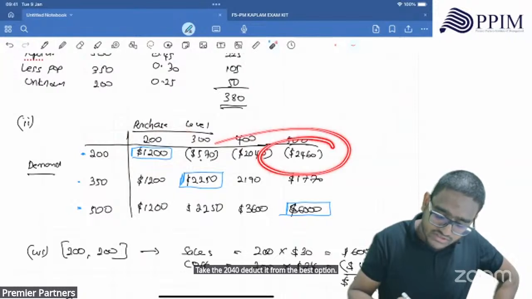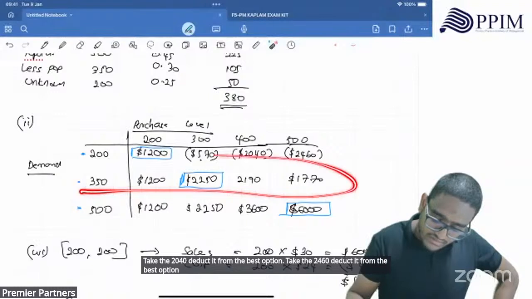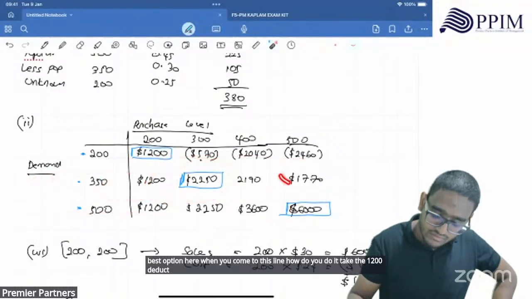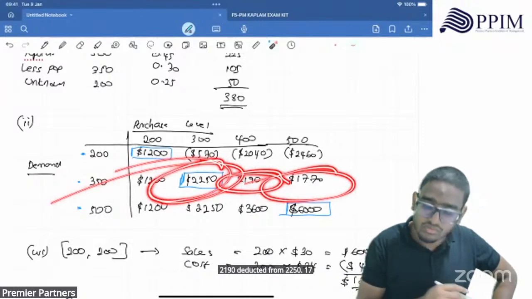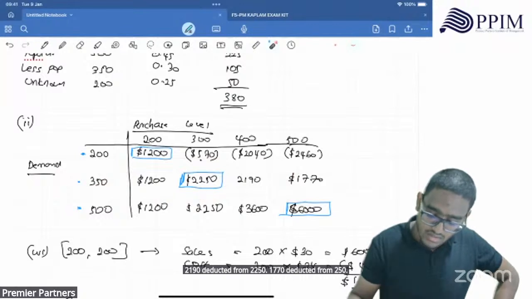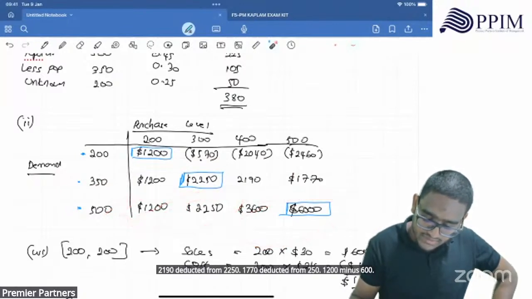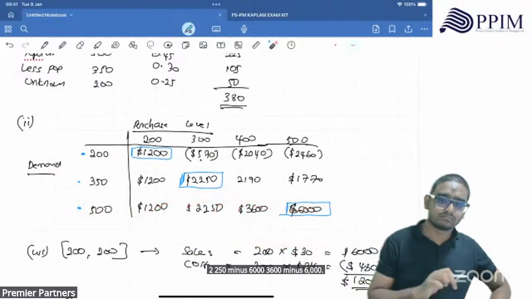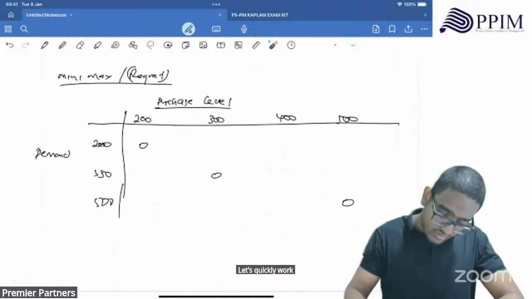Take the 2460, deduct it from the best option. Here, when you come to this line, how do you do it? Take the 1200, deduct it from 2250. 2190, deduct it from 2250. 1770, deduct it from 2250. 1200 minus 600. 2250 minus 6000. 3600 minus 6000. Okay. Let's quickly work it out before we go home.